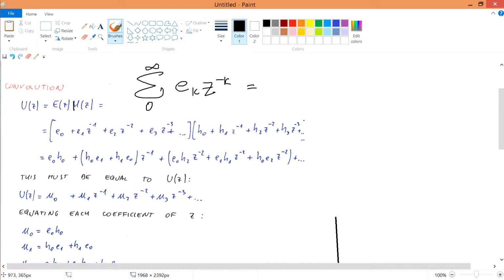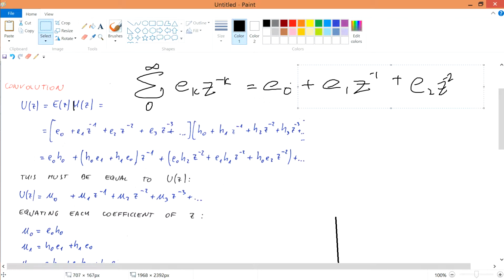So if K is equal to 0, I have E0 Z0, plus if K is equal to 1, I have E1 Z minus 1. If K is equal to 2, I have E2 Z minus 2. I simply substitute in my K over here, with a minus 1, minus 2, sorry. Z to the power of 0 is just 1, so it's just E0, that's all.